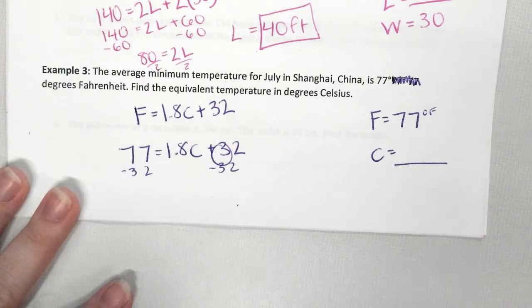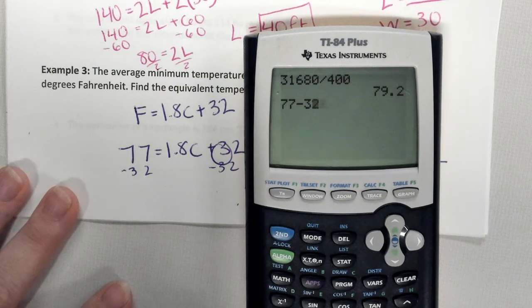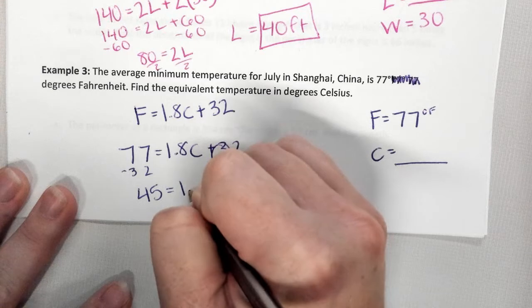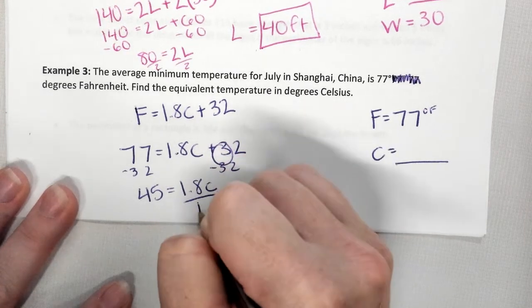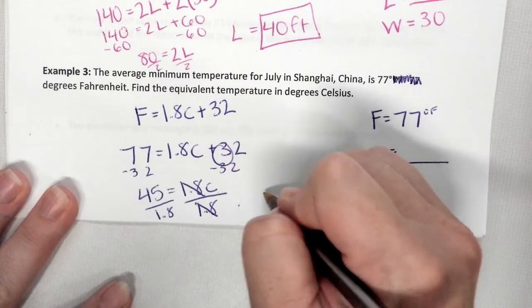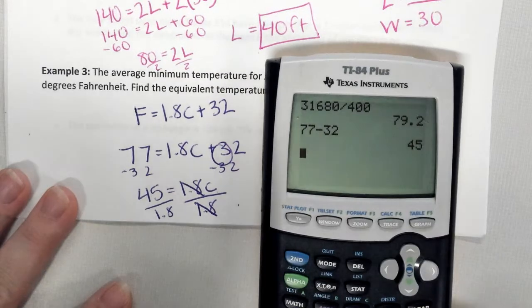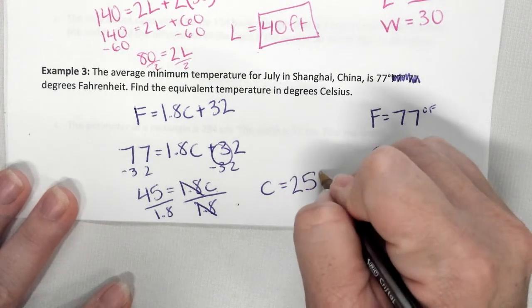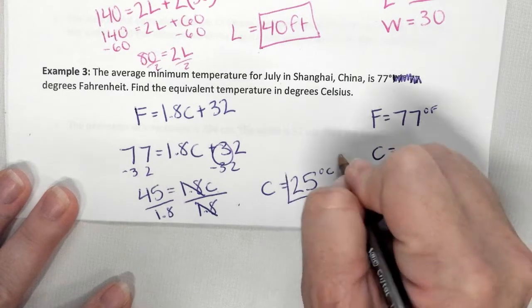And I get 77 minus 32 is 45. Divide by 1.8, divide by 1.8, and I get C equals 25. So it's going to be 25 degrees Celsius.